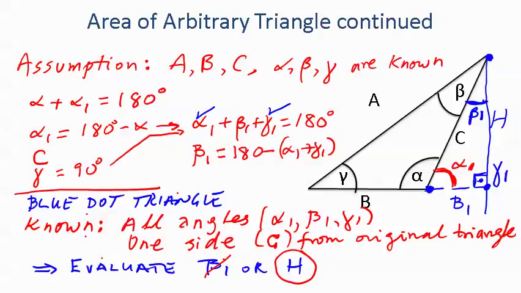So I will leave it up to you as an exercise to revisit the theory and identify which law you will use, either the law of sines or the law of cosines, to evaluate side H as advantageously as possible with the minimum number of calculations.